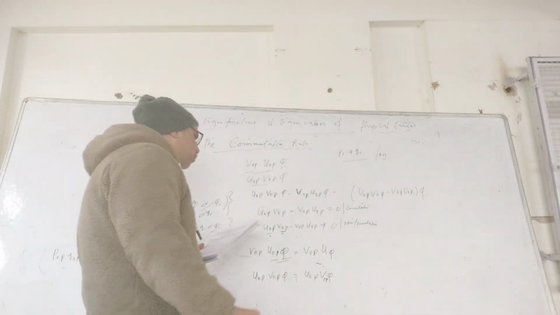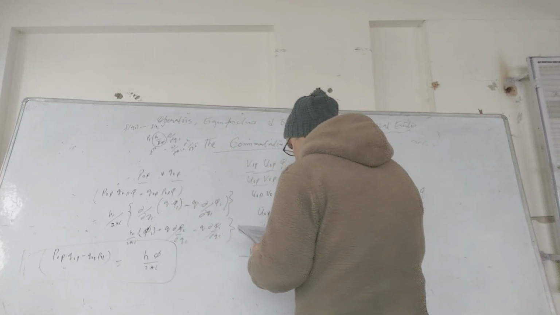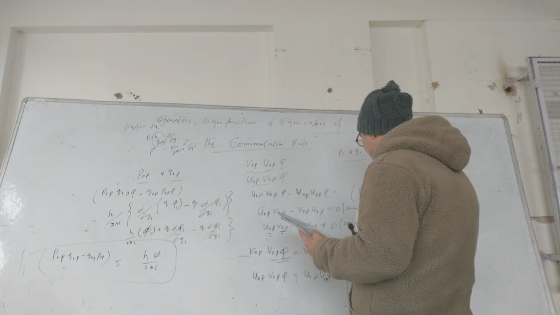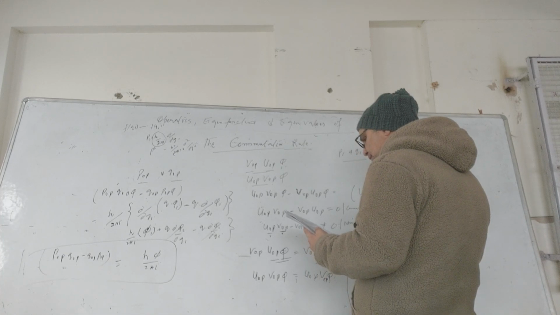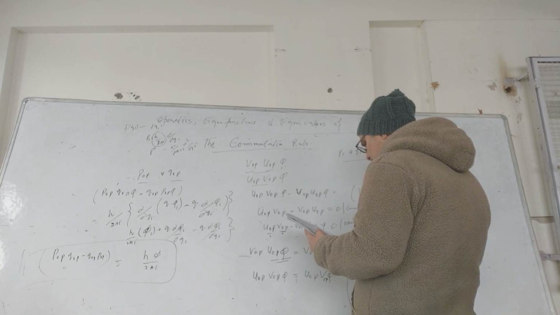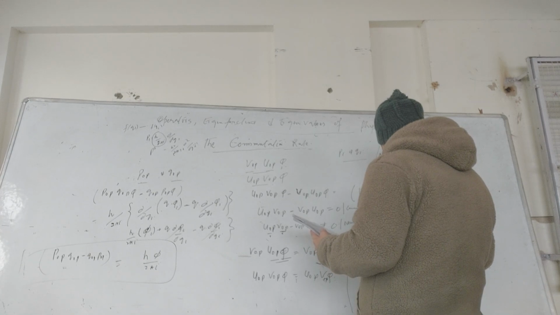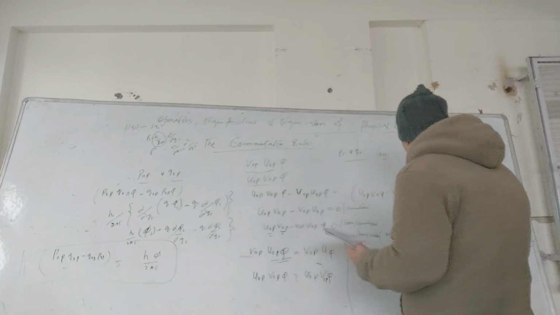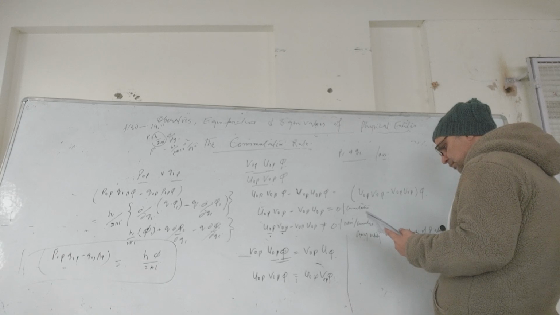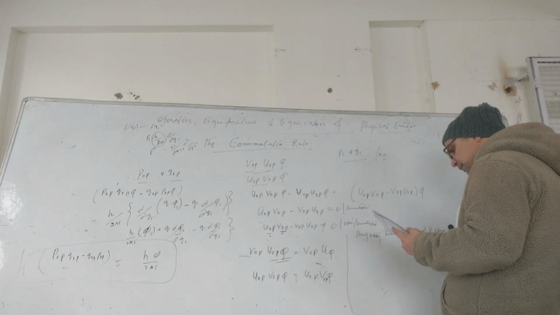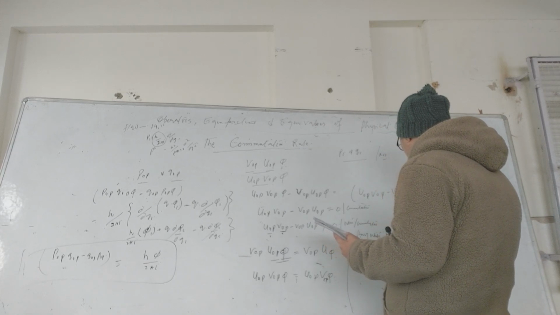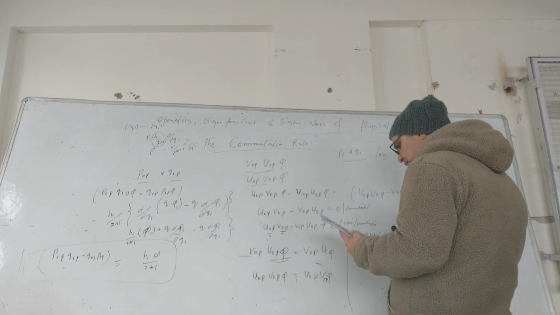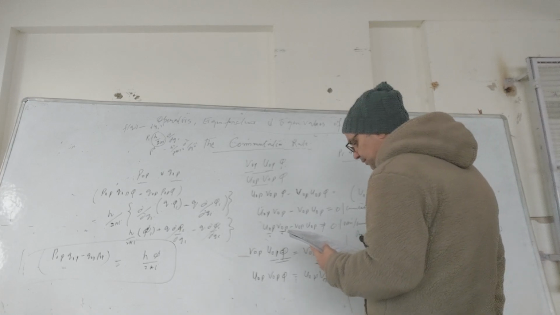If we want to write these things in words, we can say any entity which is a function of P alone is commutative with P, but not with Q, and vice versa.